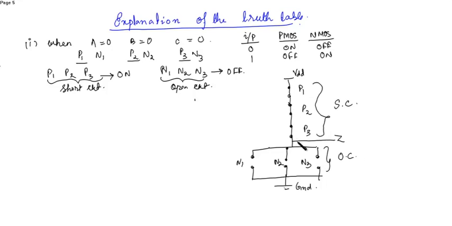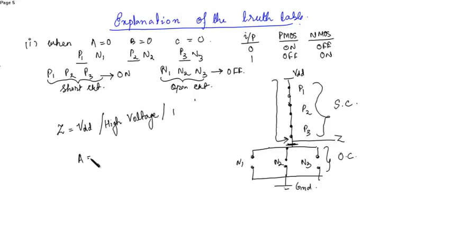So the path to ground is completely blocked from these three, and the three PMOS in series are all short circuited. So a path is created here and the output obtained at Z will be VDD, or high voltage, or 1.